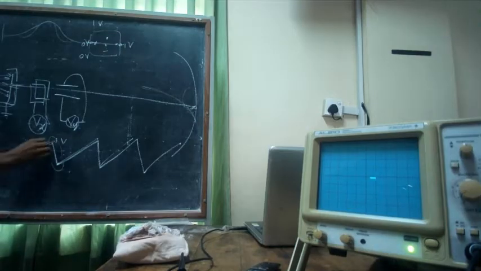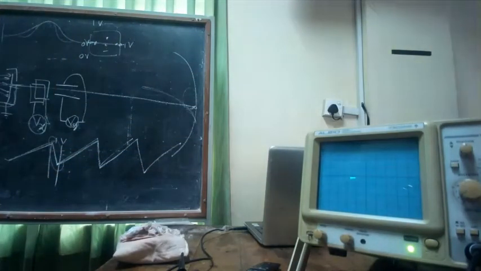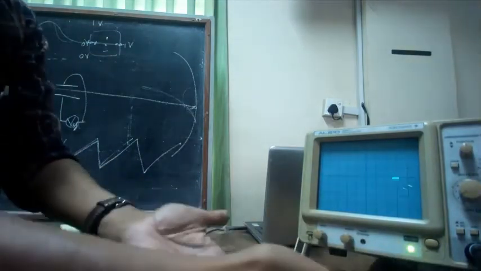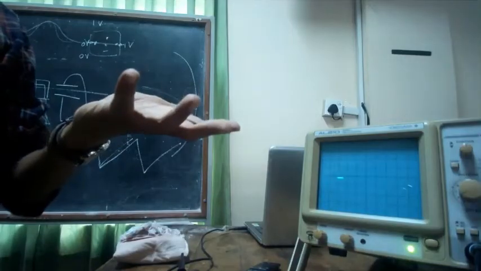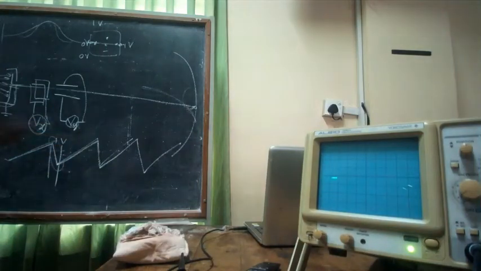But during this, we call this flyback, coming back, flyback. During this flyback, we apply a very large negative voltage in the y direction. So while it is coming back, the signal may be somewhere here, so you don't see it, but it is there, right? So that's what's happening. You don't see the signal during this flyback period.